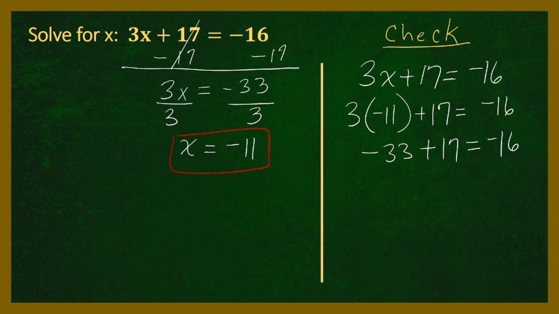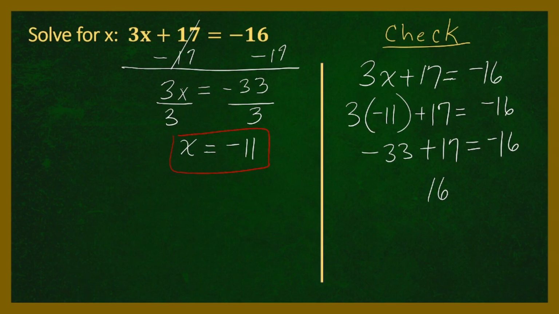Now, when you have a negative and you're adding a positive, you take the difference. So the difference of 33 and 17 is 16. Our answer will take the sign of the larger number.